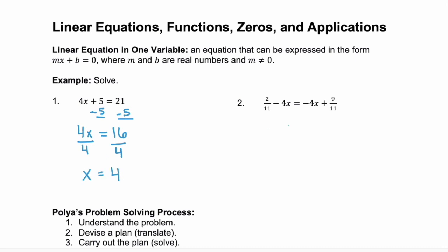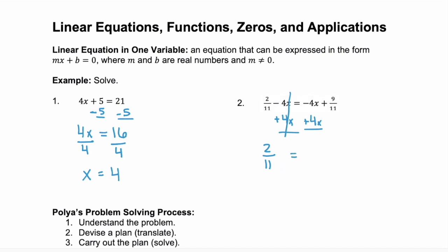Now, example 2. Let's combine our variables first, and we're going to add 4x from the left, and we'll do that on both sides. And look what happens. When we add 4x on the left, those cancel out and we have 2 11ths left.